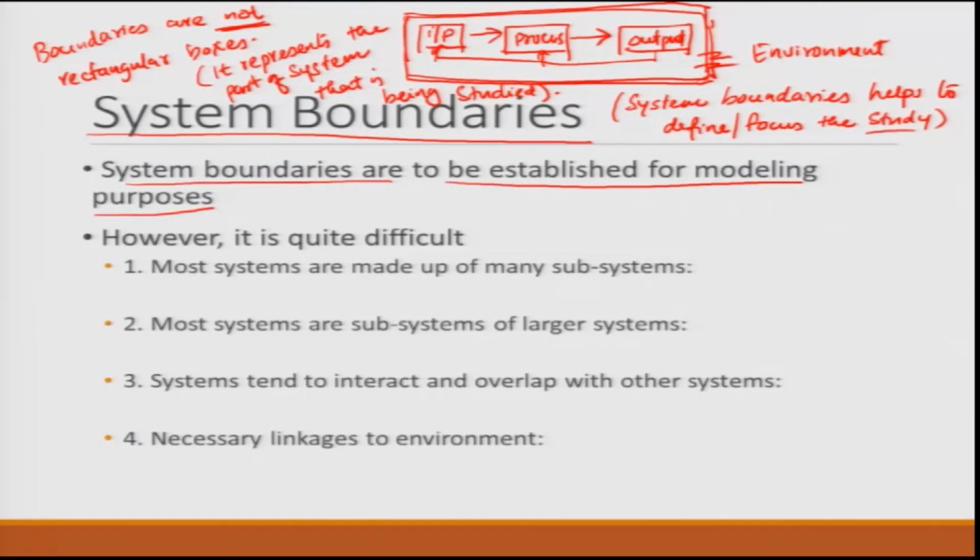In our case, instead of the study, it is the analysis. So, we focus our analysis on the system using the help of system boundaries, and once you establish the boundaries, then using the boundary, we can model the behavior of the system.